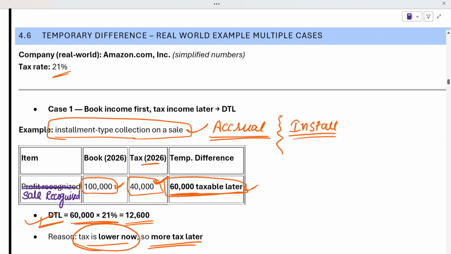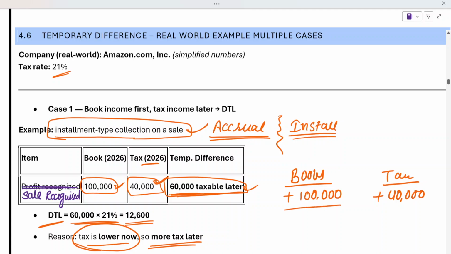Another easy way for examination to identify whether it's a deferred tax asset or liability is again simple. You can just write what is happening as per your books and what is happening as per the tax rule. So you can say that in your books the sale revenue is positive $100,000, but in tax your sale revenue is only $40,000. So what you will say, I need to write something here so that both of these numbers get matched.